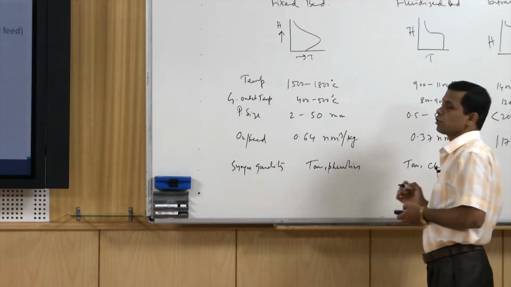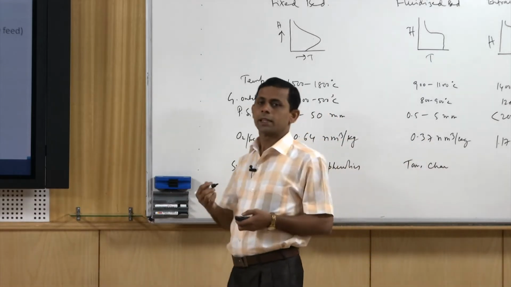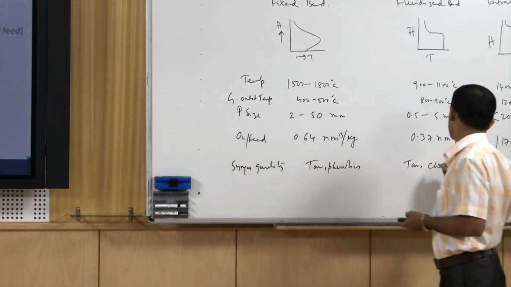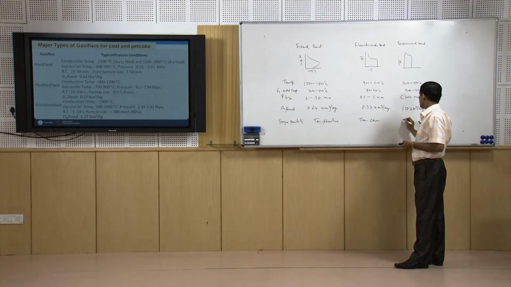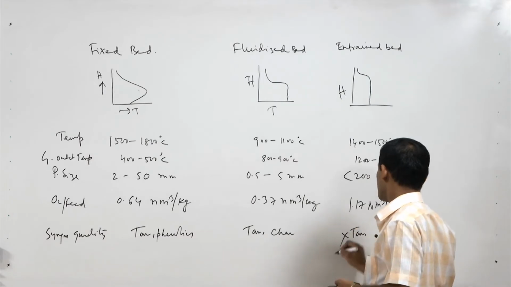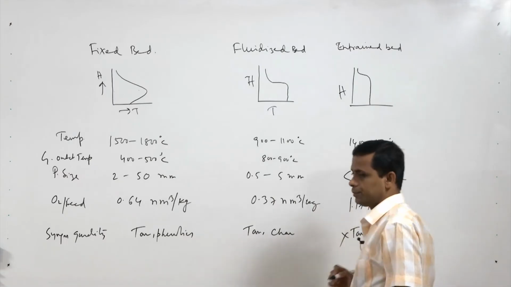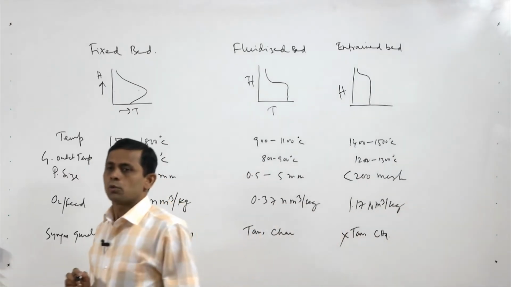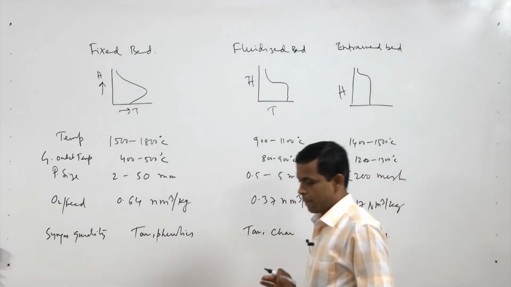Char particles will also be carried away through the off gas and will be available in the syngas, but for entrained bed we will get no tar and CH4 is also less. So, quality wise this entrained bed is the superior one.